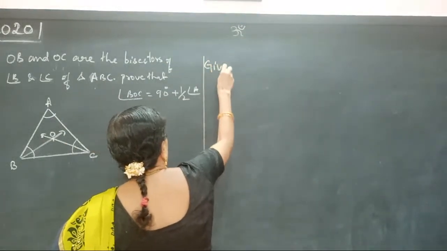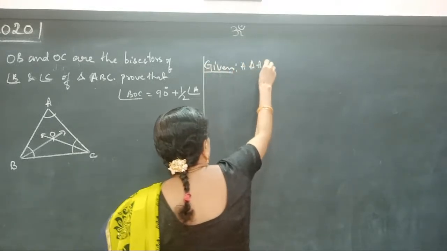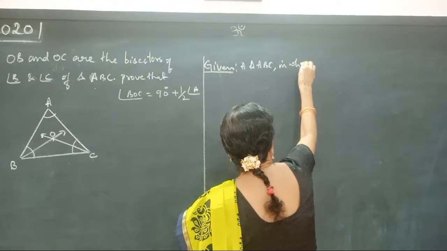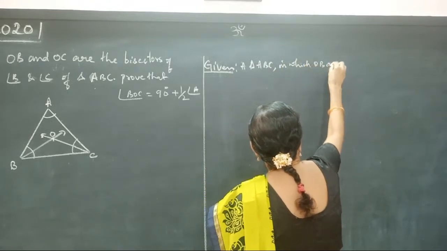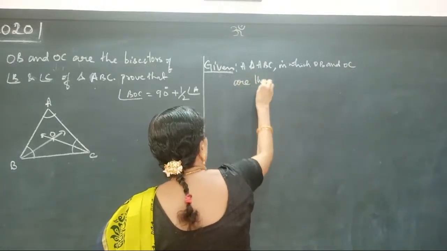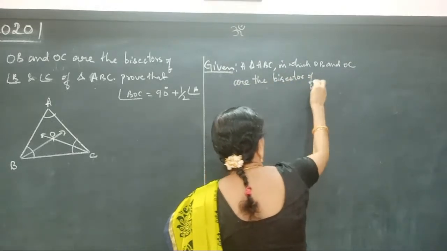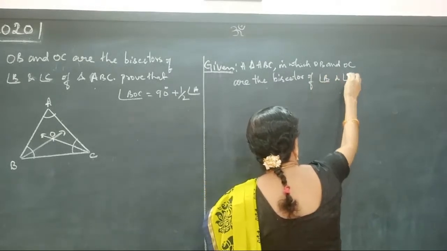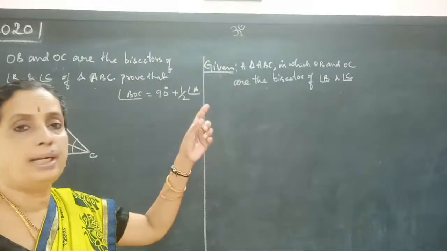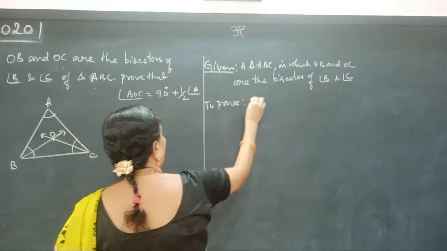Given a triangle ABC, in which OB and OC are the bisectors of angle B and angle C. To prove, what we have to prove?